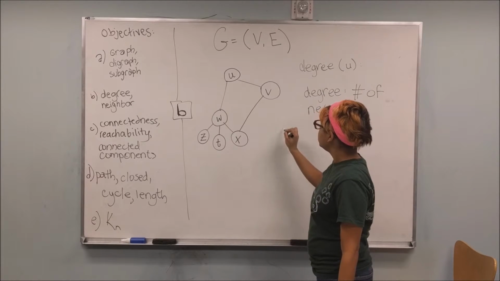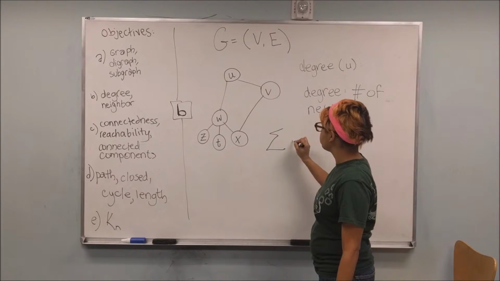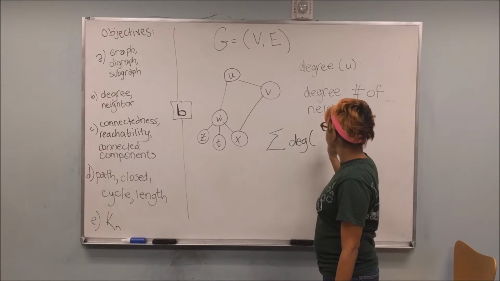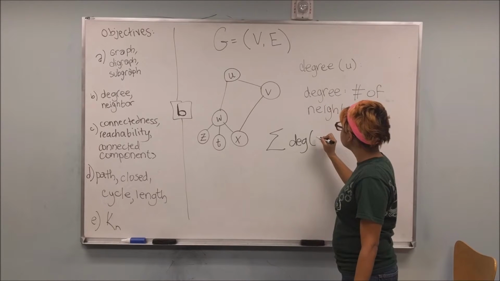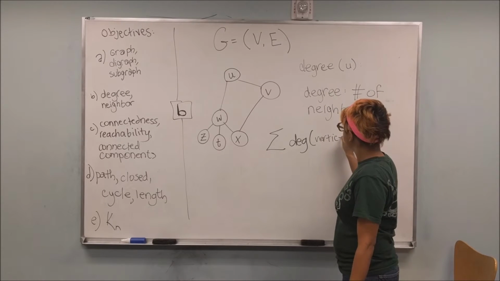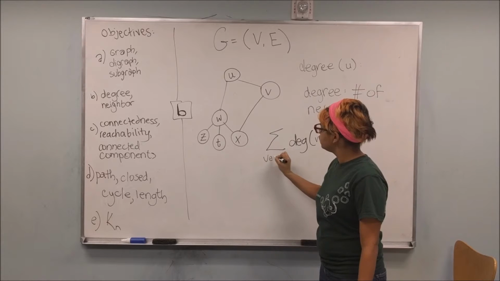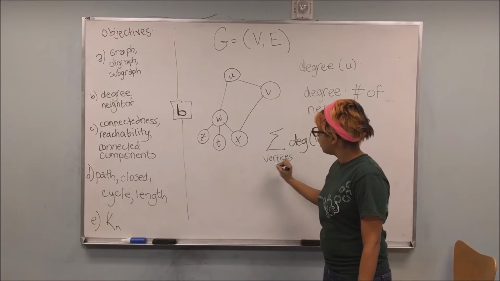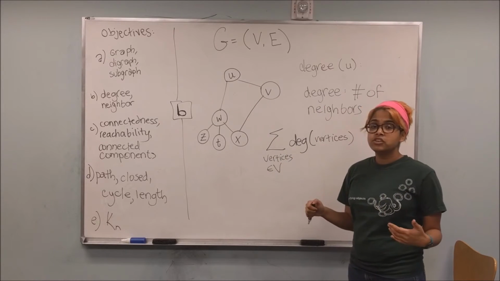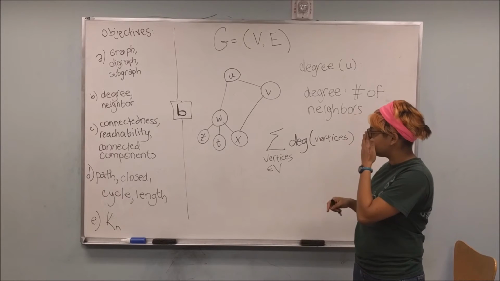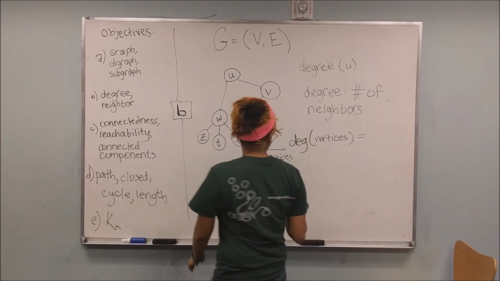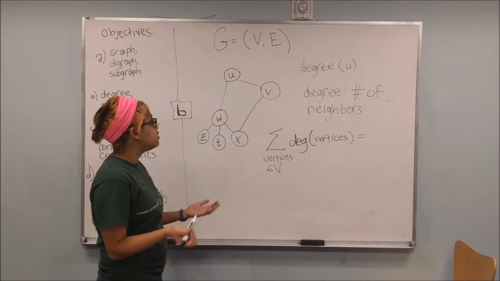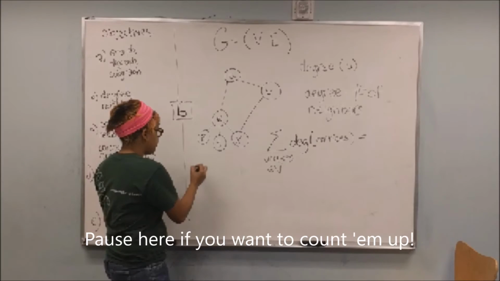What I can do is a sum over the degrees of the vertices, and these vertices are in the set that I talked about in the original graph. I can go through them and ask, how many neighbors does each one of these vertices have?